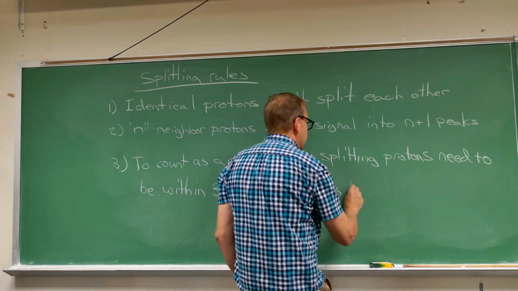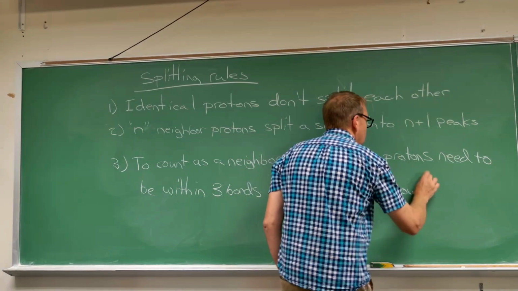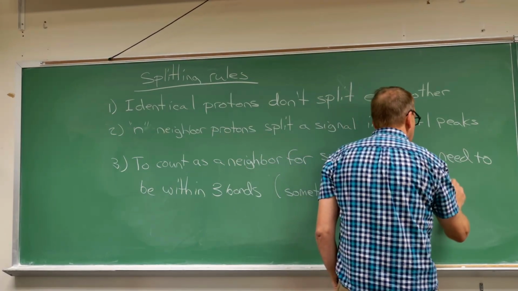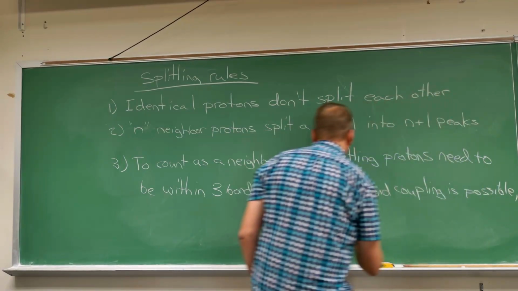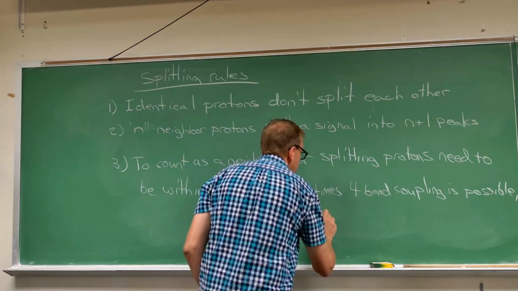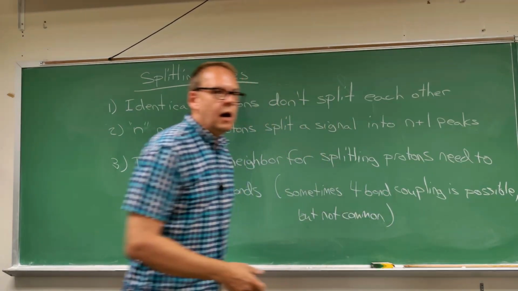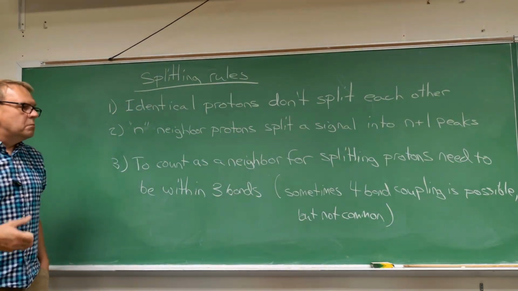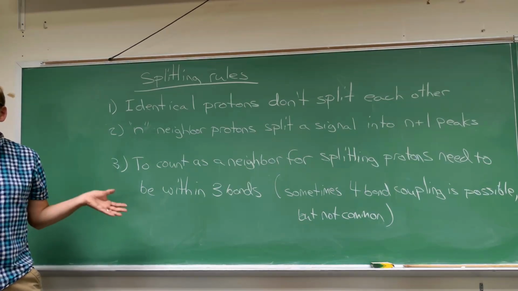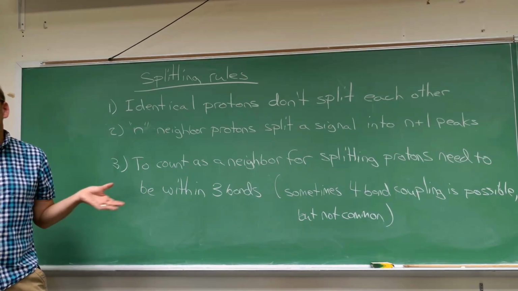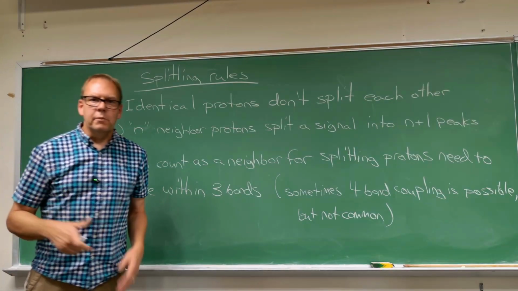Sometimes 4-bond coupling is observed, I'll just say is possible, but it's not common. Not nearly as common. So we'll talk about examples of mostly 3-bond coupling. 2-bond coupling is also possible, but the 2 protons have to be different, so that's another rare situation, less common. We're going to focus on the 3-bond coupling for now because it's by far the most common one you're going to run across.